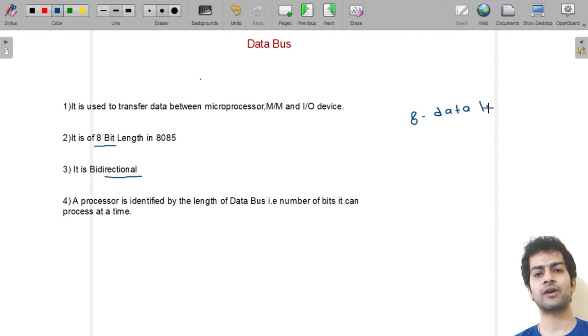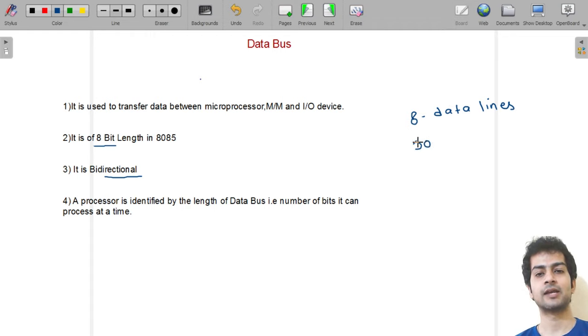Suppose we have another microprocessor, the XYZ microprocessor, and if someone tells you that it is a 50-pin microprocessor, then tell me how many data lines or data bus are available in it. Then you will simply say that there are 50 data lines.